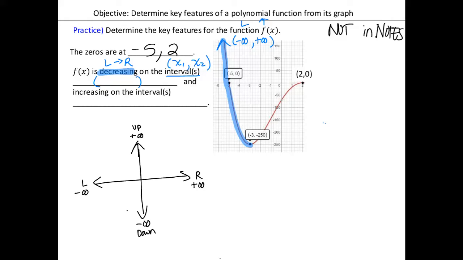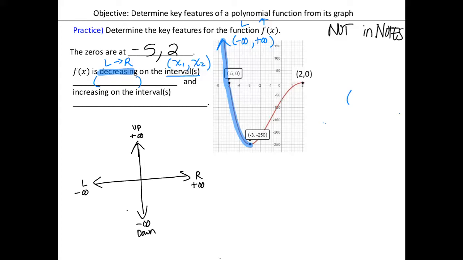Okay, negative infinity to negative 3. Thank you. Jackie, did you guys agree? Or did you guys say something else? Negative 3 to positive infinity? Okay, thank you.